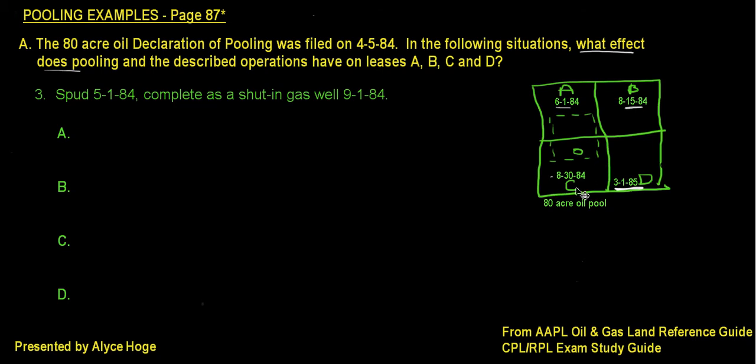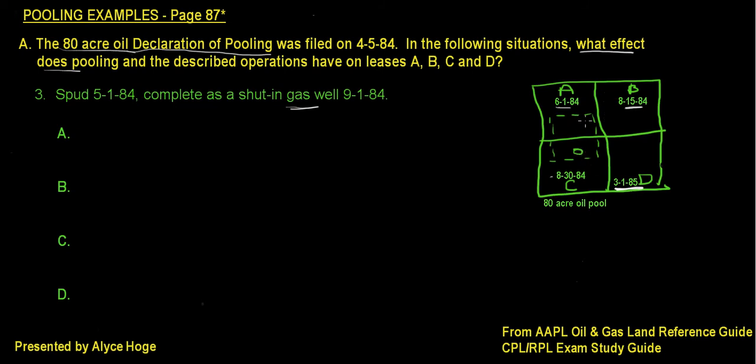C is going to be held by production, but the declaration of pooling was for oil. And if it's shut in, that typically indicates that it is a gas well. So the declaration of pooling was for oil, but the well is actually producing gas.